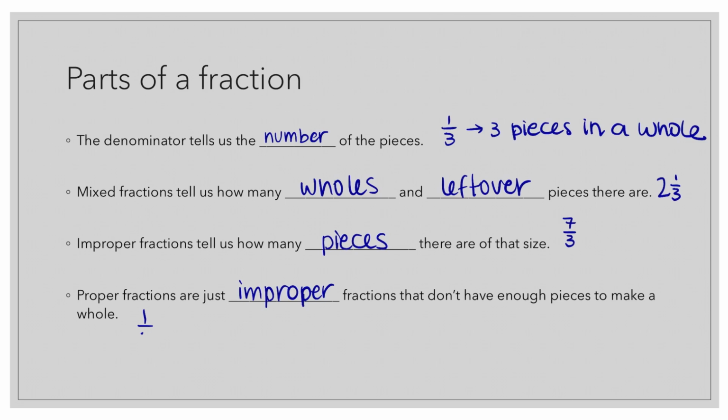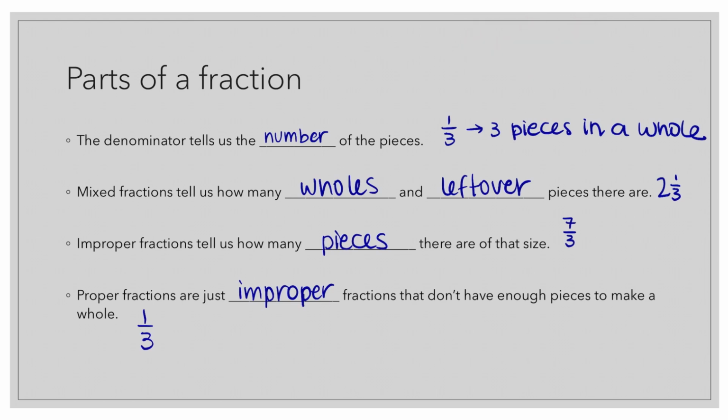So for example, 1/3 is a proper fraction because there's just not enough of them to make an entire whole. This one is improper because 3 fits into 7 twice, so there were enough pieces to make it to 1 whole. Remember, a whole is 1, or it's the same number over itself. So for example, 3/3 would be 1 whole.